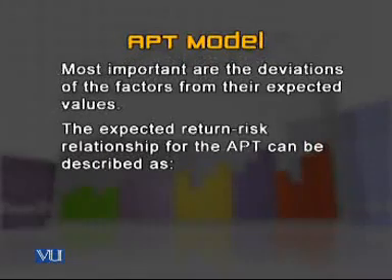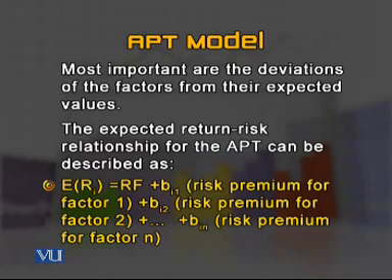The expected return risk relationship for arbitrage pricing theory may be seen on your screens in the equations that you can look at, which will include the risk premium for factor 1, risk premium for factor 2, and risk premium for factor n. The number of risks from 2, 3, 4, 5, 6 to an n number of periods.